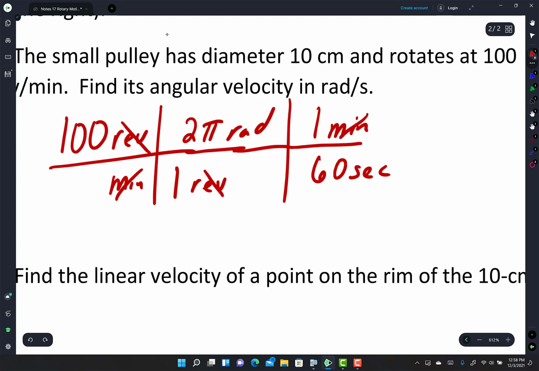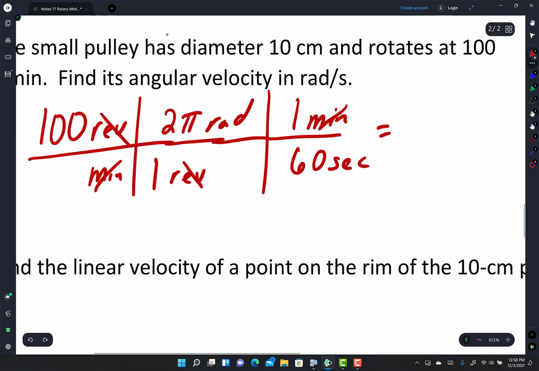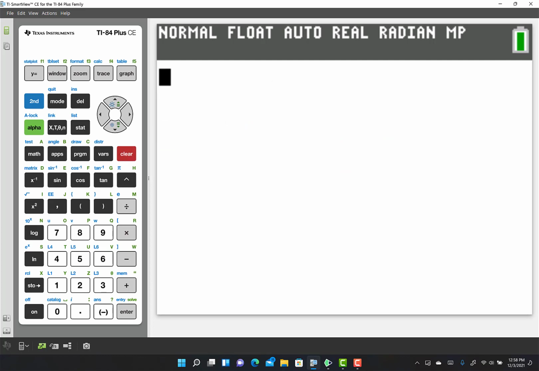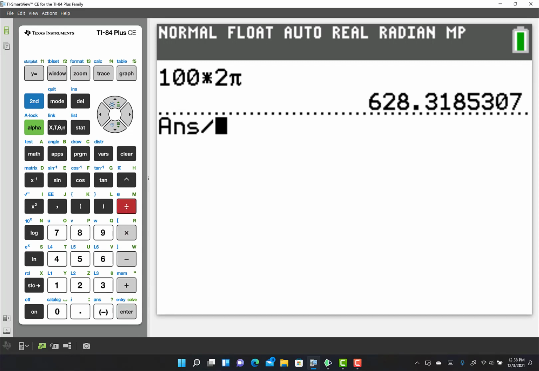Once you guys feel that you're good, you no longer have to do this T-chart. You can just work with dimensional analysis directly. If you want to go ahead and do all questions like this, that's fine for now. Well, it's fine forever, but I would like for you to drop it eventually. Okay, take your calculator, go 100 times 2 pi, whatever that is, divided by 60. Here's my calculator. 100 times 2 pi. You can leave it in decimal or in pi, they're both the same.